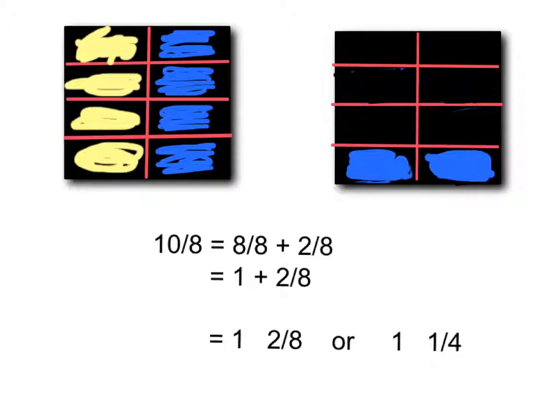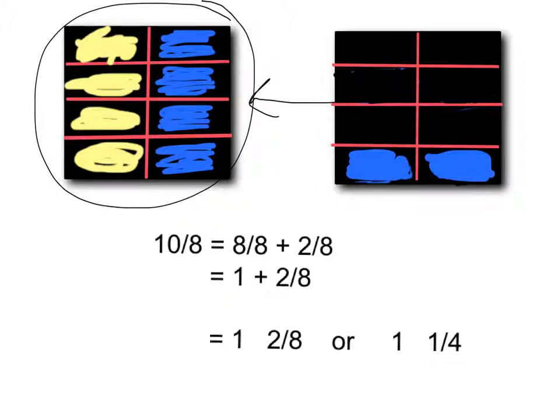Now we see that we still have our 4/8 in yellow and our 6/8 in blue, but we moved them over here, and you can see this represents one whole.